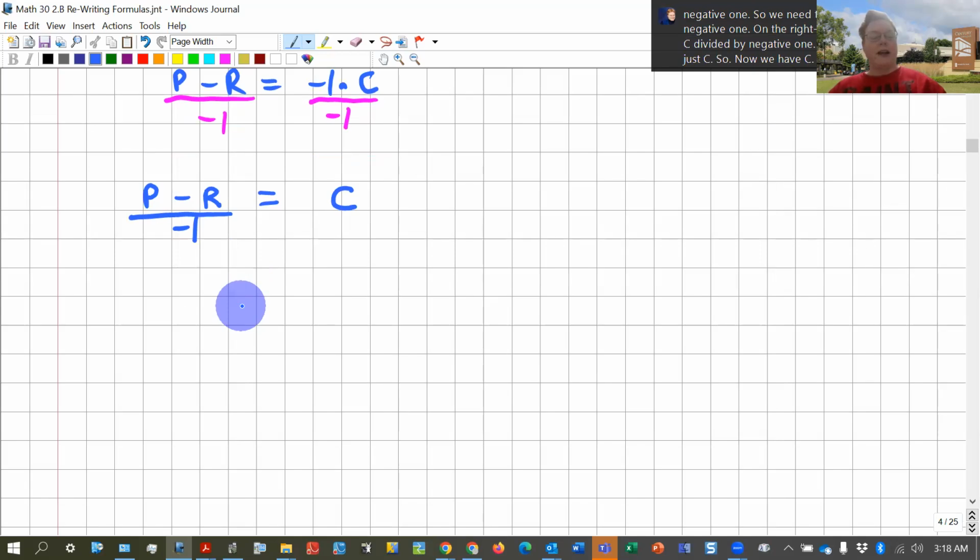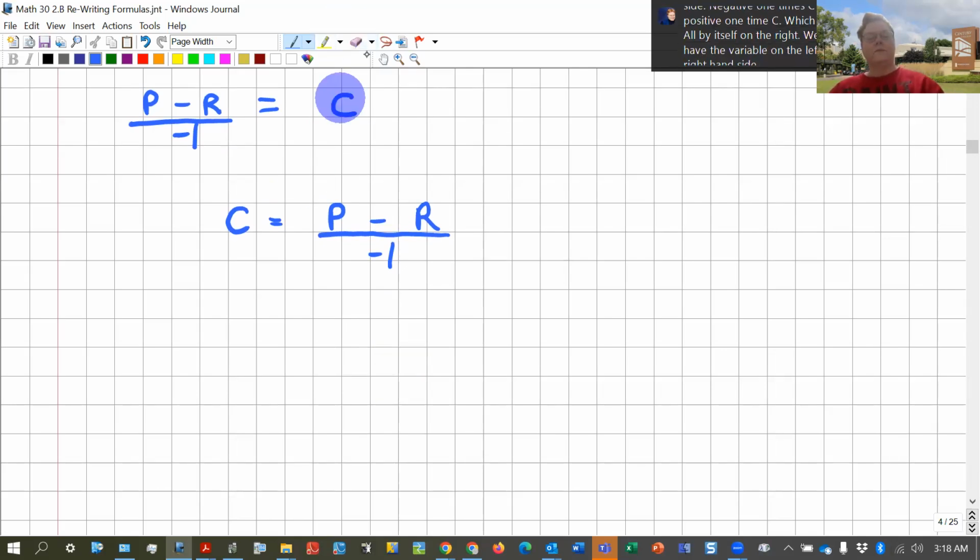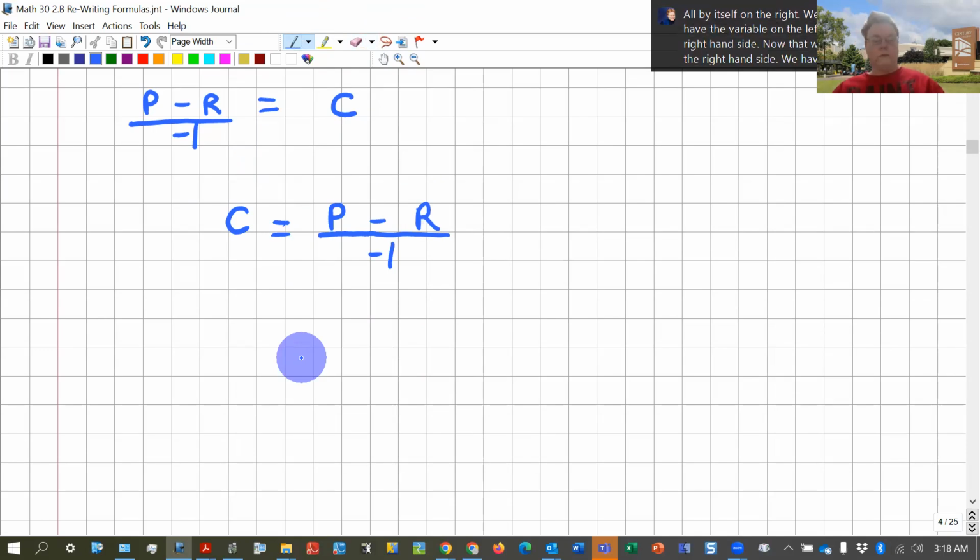We prefer our final answer to have the variable on the left. This time our answer on the right-hand side, now that we have switched the left and the right-hand side, we have a fraction. And in that fraction, the denominator is negative.